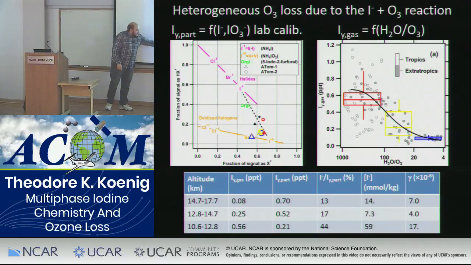If I do that, I can also take into account the fact that, although I'm not showing it super clearly here, there are indications that iodide is roughly conserved through the whole system. The absolute amount of iodide in the aerosol is roughly constant. I can get an amount of the IY particulate that exists as iodide. Because my volume of aerosol changes, this still leads to a small change.